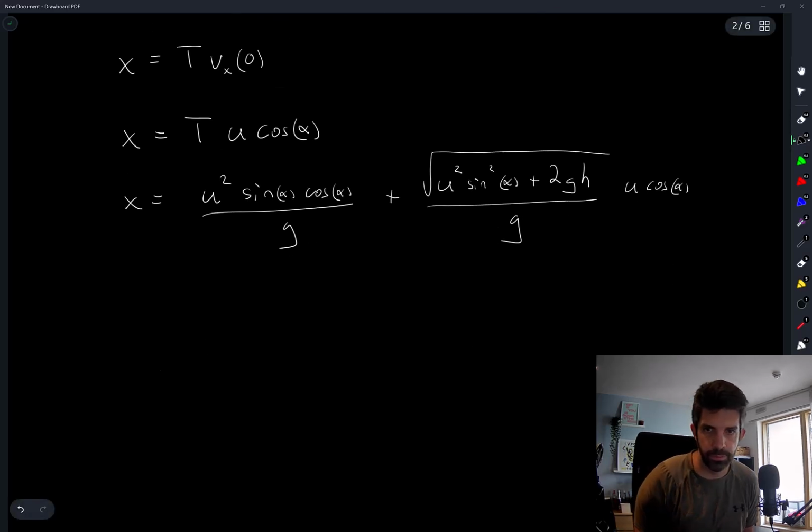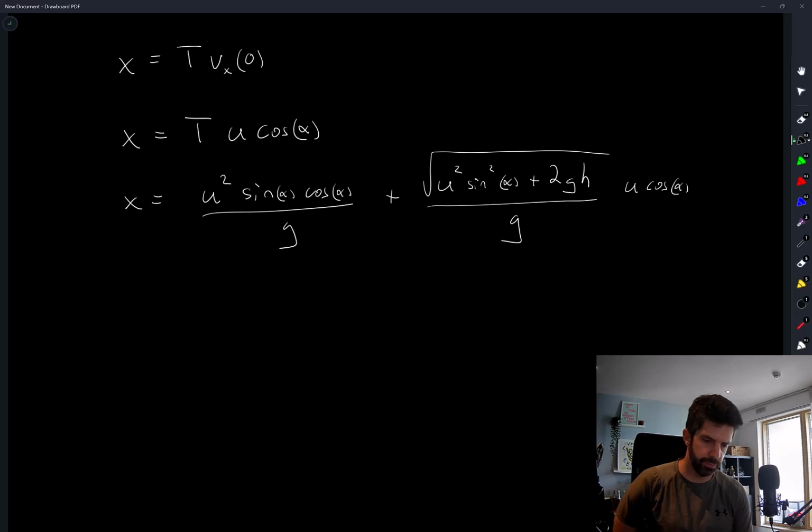What kind of simplification can we do? There's some double angle formulas given in the answer, and in fact, it's also written in terms of x squared, not in terms of simply x.